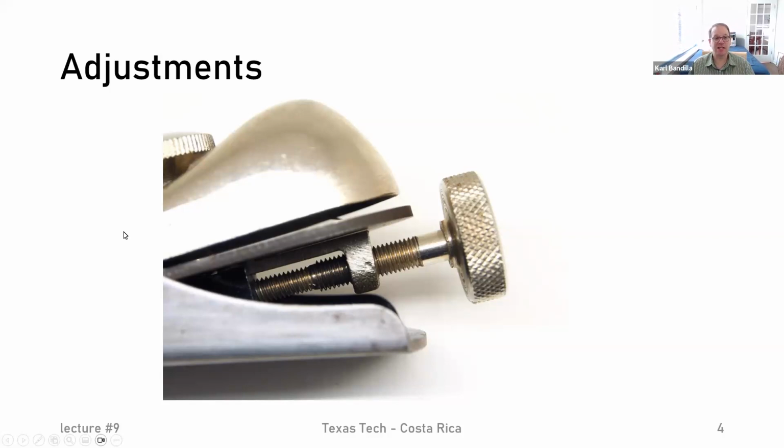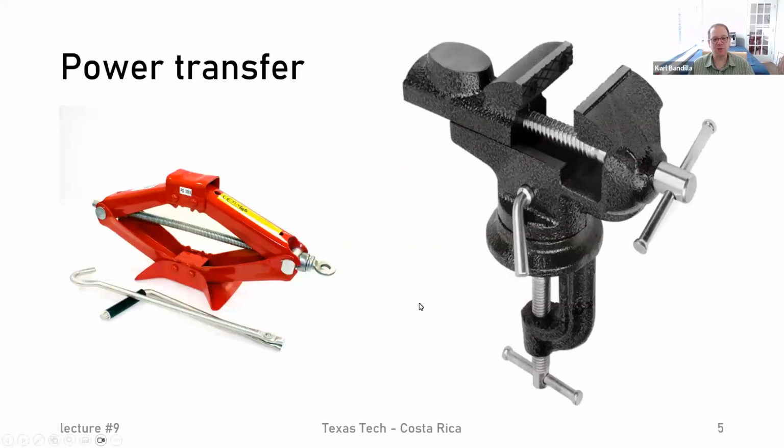Right, so it's adjustments. Another thing that we do use them for is power transfer. So I hope you've all at least practiced changing a tire once in your life, because you never know when you'll need it, and when you'll need it will be the worst opportunity to try it out.